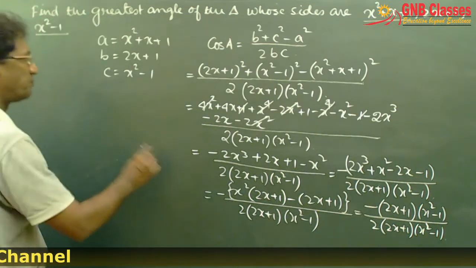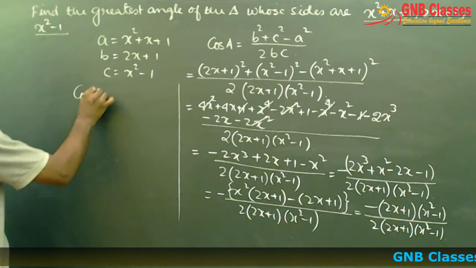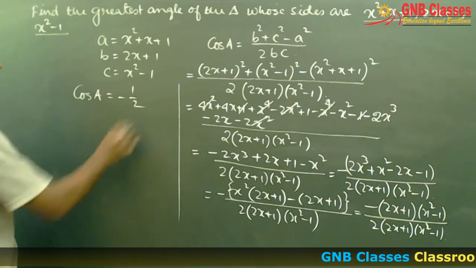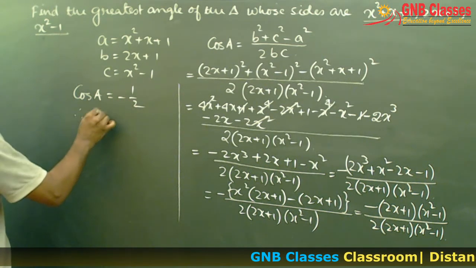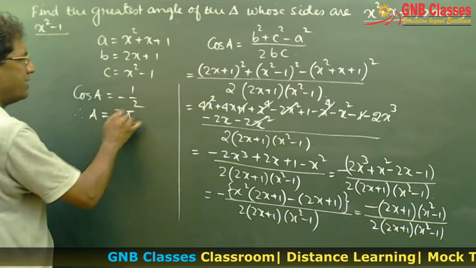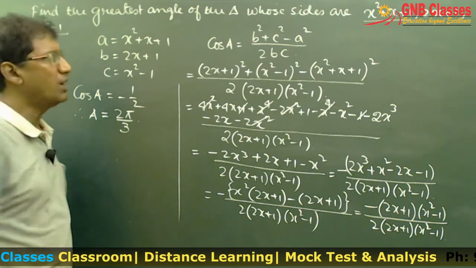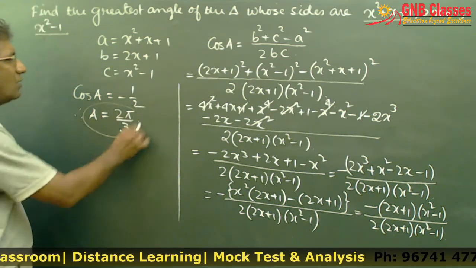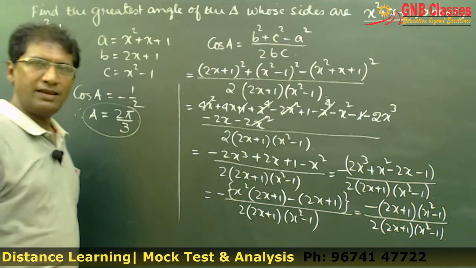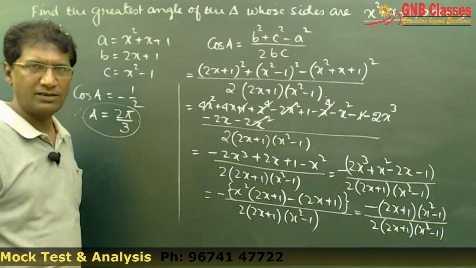So we are getting what? I'm writing it here. So we are getting what? Cos A is nothing but minus half. Therefore, A is how much? A is nothing but 2 pi by 3. Is it clear to all of you? Have you understood? Therefore, the greatest angle of this triangle is 2 pi by 3. That is 120 degrees. Is it okay?